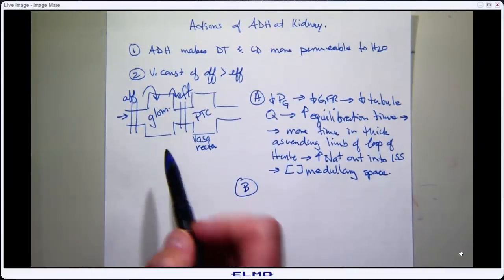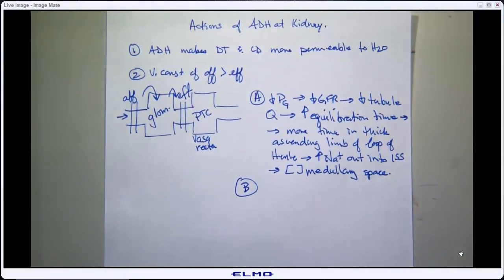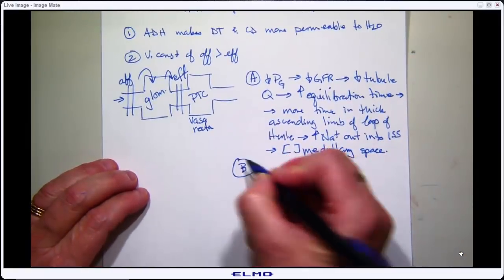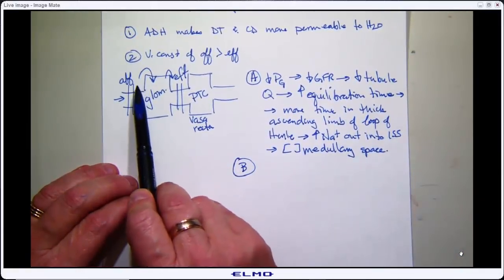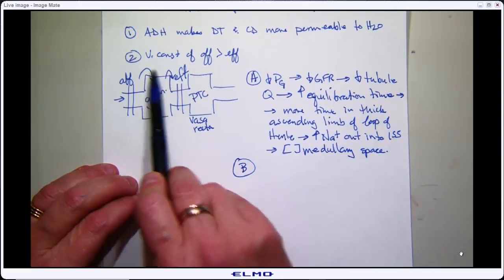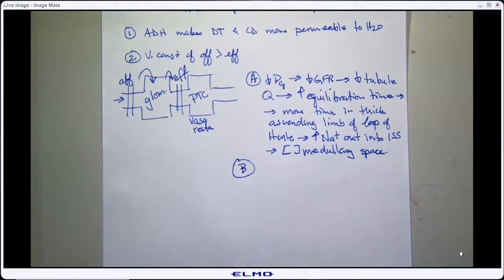Because the vasa recta and the peritubular capillary flow will be affected by that vasoconstriction of afferents, okay? We are going to get a decrease then in volume into the peritubular capillaries, right? So we're going to have a decrease in flow here. This is going to be the first time we're going to think about flow through a capillary bed, because it becomes important in terms of equilibration time.